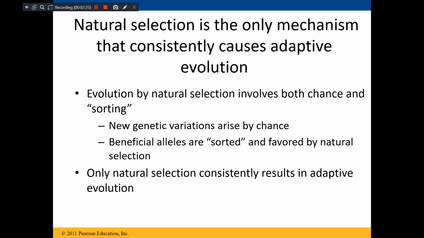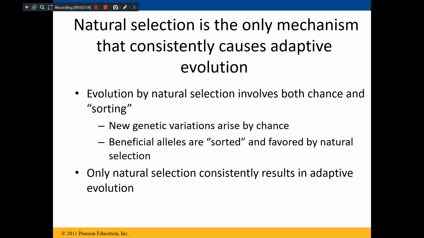As a result of this, new genetic variation arises by chance. New genetic variation arises by chance in the sense, now again you have to recollect what we discussed during mutation, both chromosomal as well as gene mutation. This mutation will add more and more variations to the population.